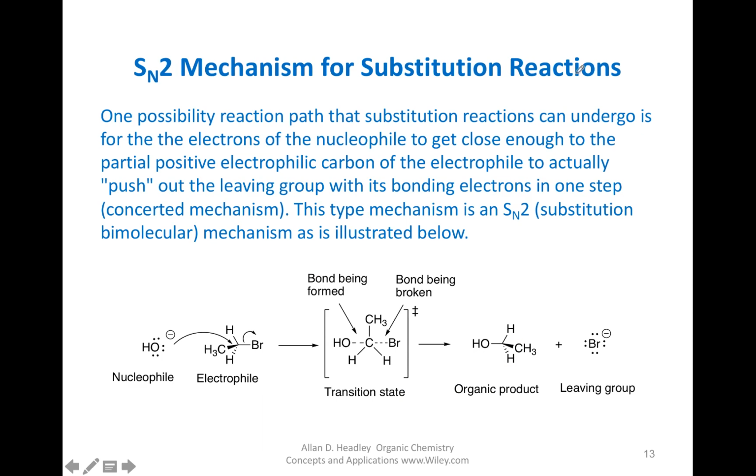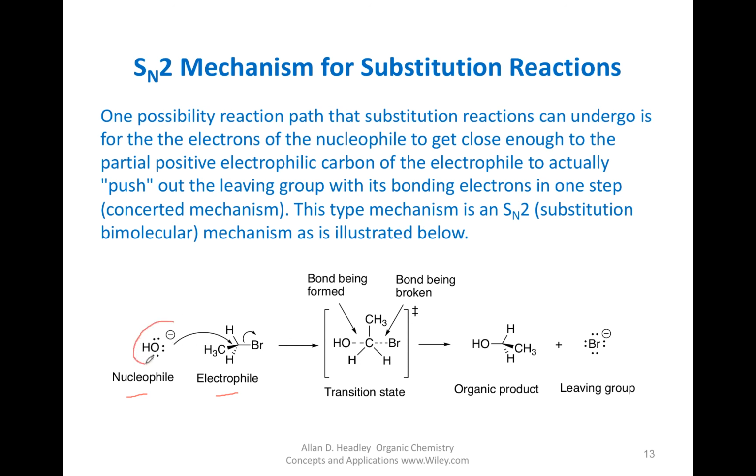Let's turn our attention now to the mechanism. The mechanism, of course, as we have said before, is a step-by-step description of a reaction. As I mentioned, if you mix the nucleophile and the electrophile in a beaker, they just do not magically come together to form the product. Let's see what happens.